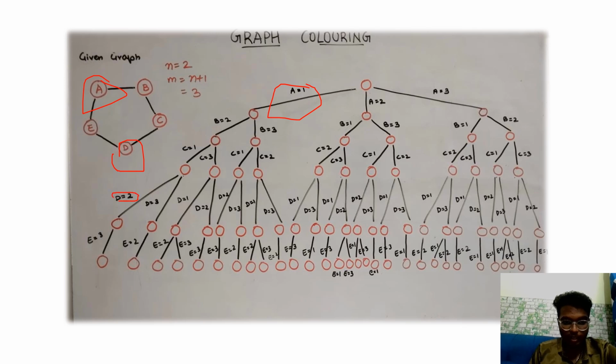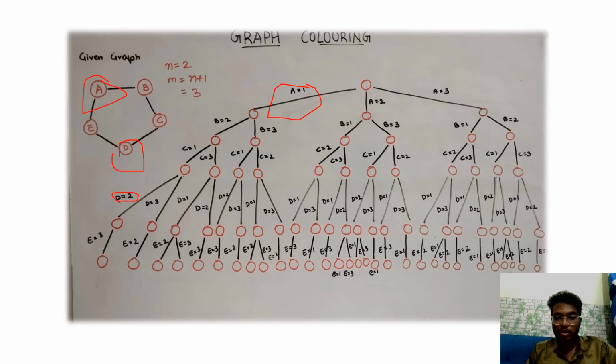Since the constraint is that no two adjacent vertices should have the same color, we color vertex E with only the third color. In the same way, we determine all the possible solution sets for this graph, keeping in mind the constraint that no two adjacent vertices should have the same color.